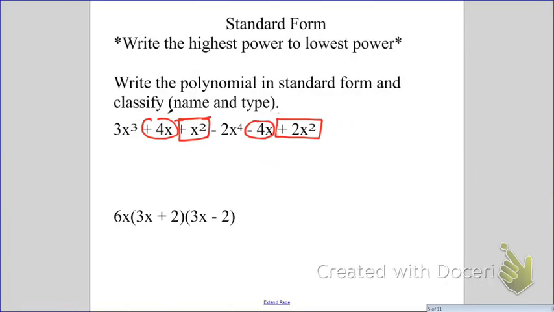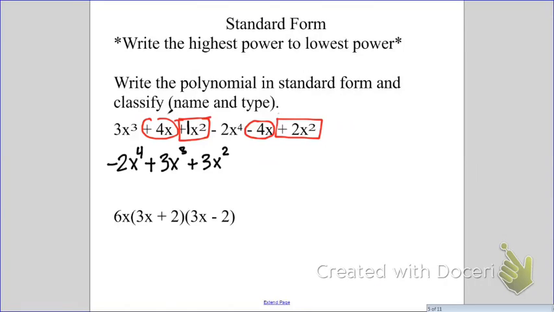So let's go ahead and start combining and ordering. First up is the highest power, the power of 4, so negative 2x to the 4th power. Next is power of 3, there's a positive 3x to the 3rd power. Now our x squareds, we have 1 and 2 together make 3x squared.